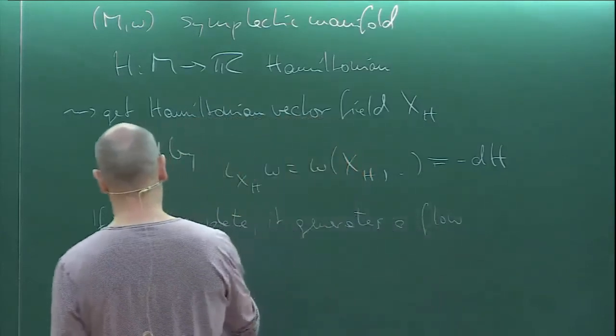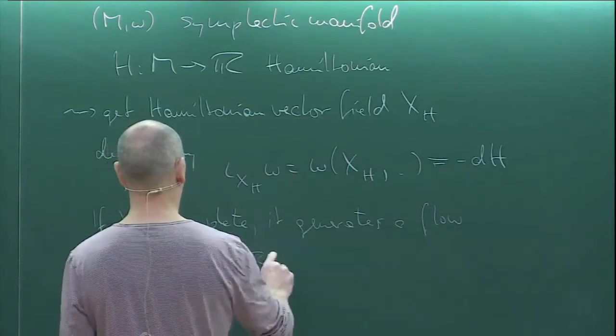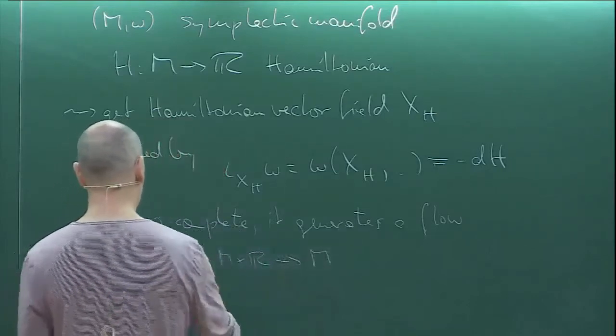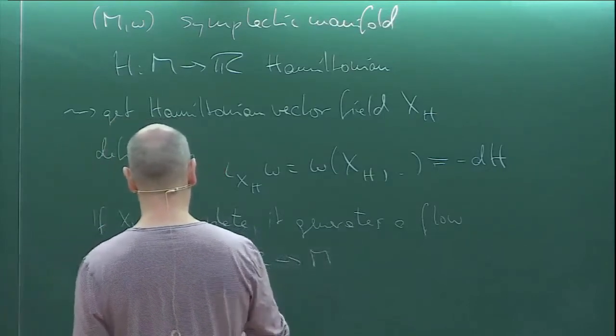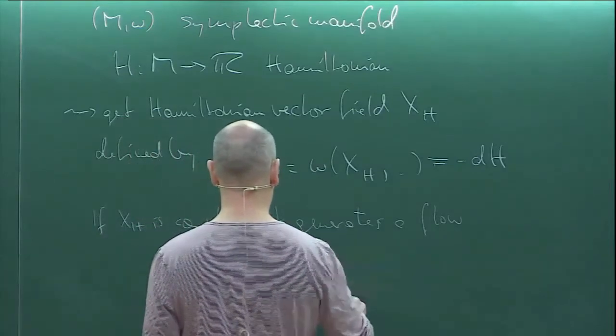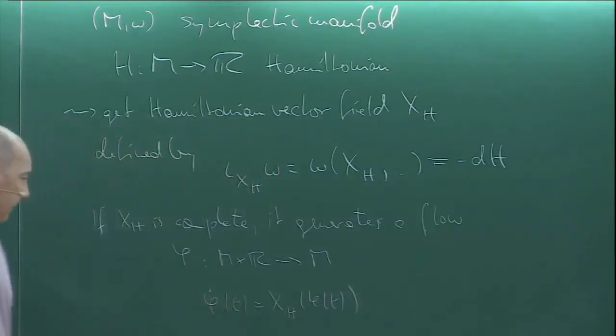So this is phi from M times R to M, right? So solving the equation that phi_t dot should be X_H of phi_t, and then putting some initial conditions, you get time t max for all t.